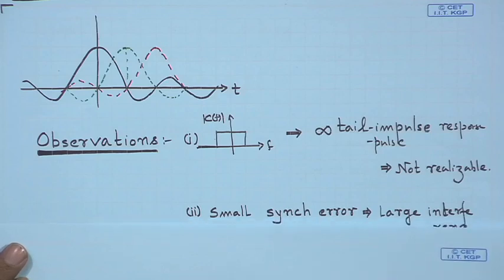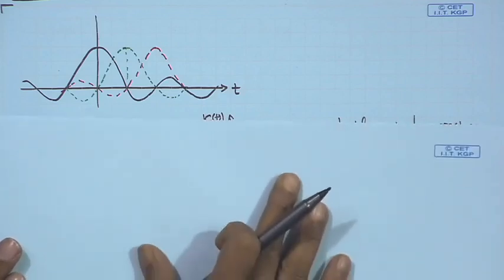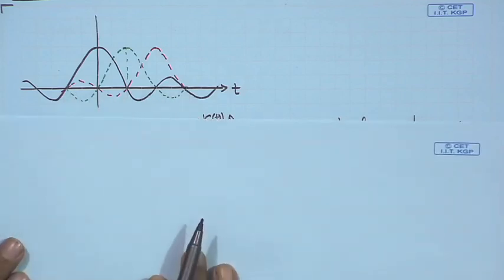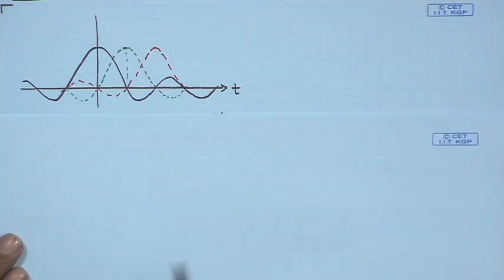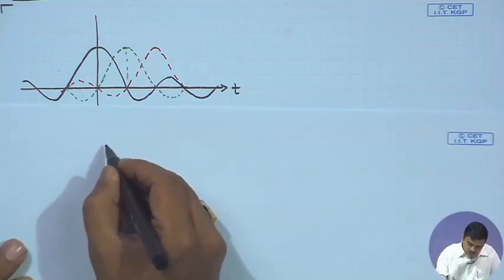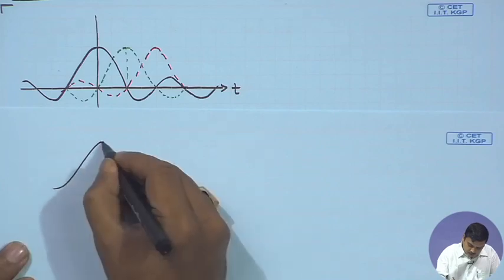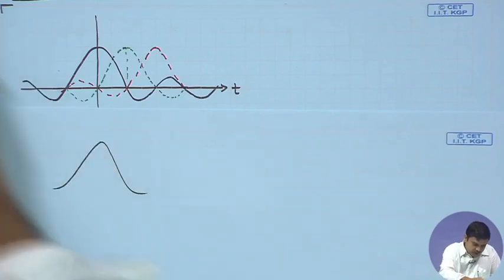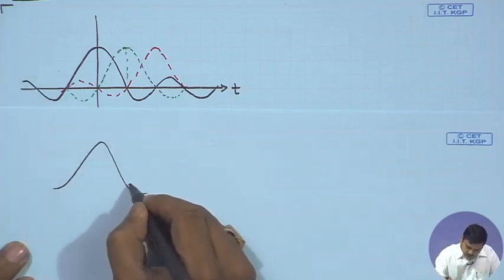Further, we can also note that if we have a train of pulses arriving in this manner, we could redraw a sketch and try to understand what goes on.